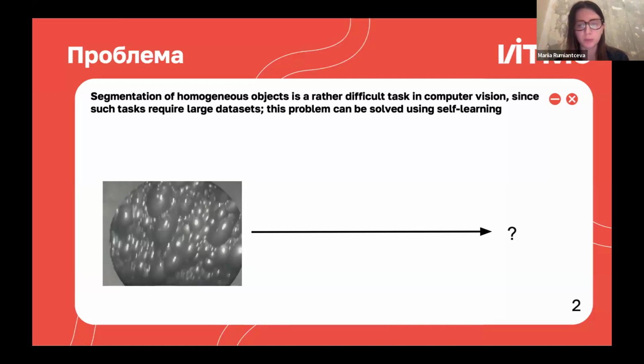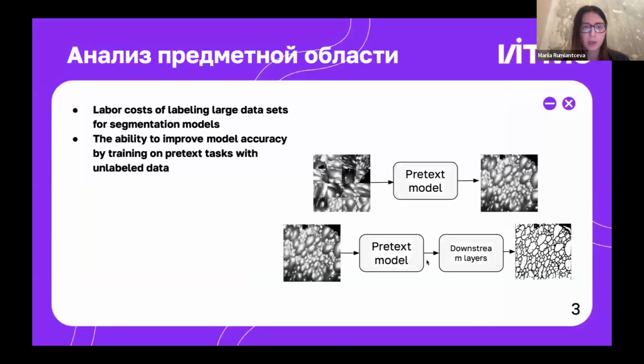As a problem, I would like to highlight that at the moment creating labeled datasets for segmentation models is very labor intensive. So it would be optimal to find a method that can provide high accuracy with a small amount of labeled data. In the related work, I would like to draw attention to the difference between self-learning and conventional neural network learning.